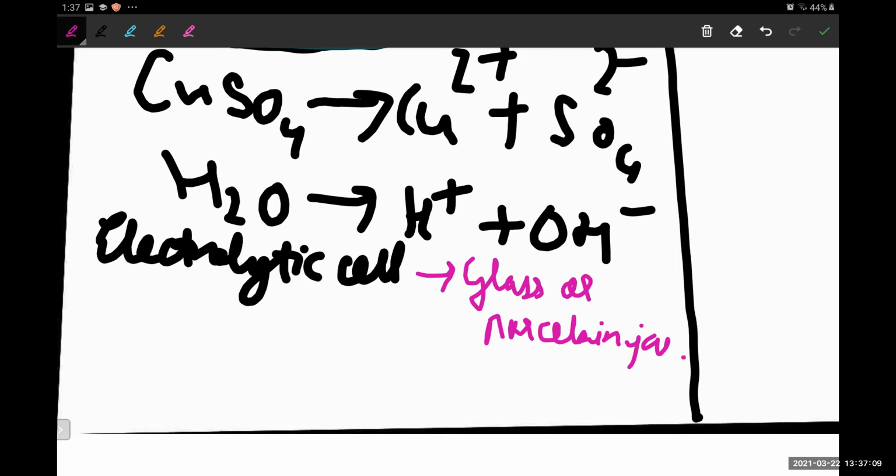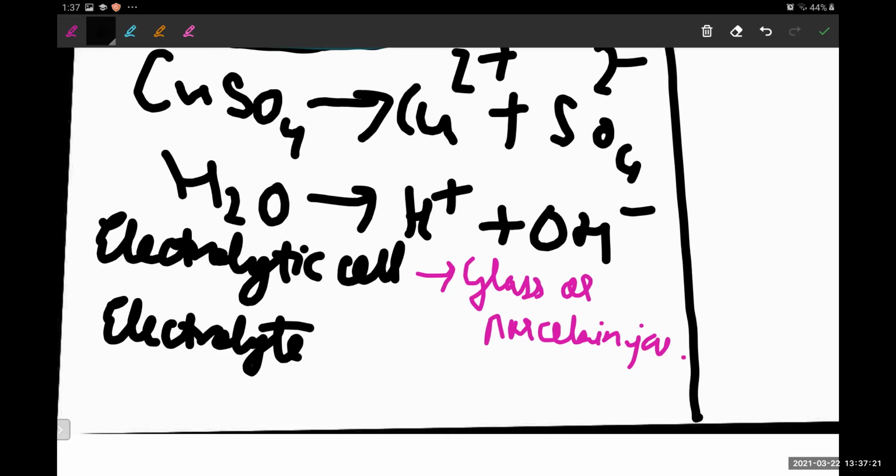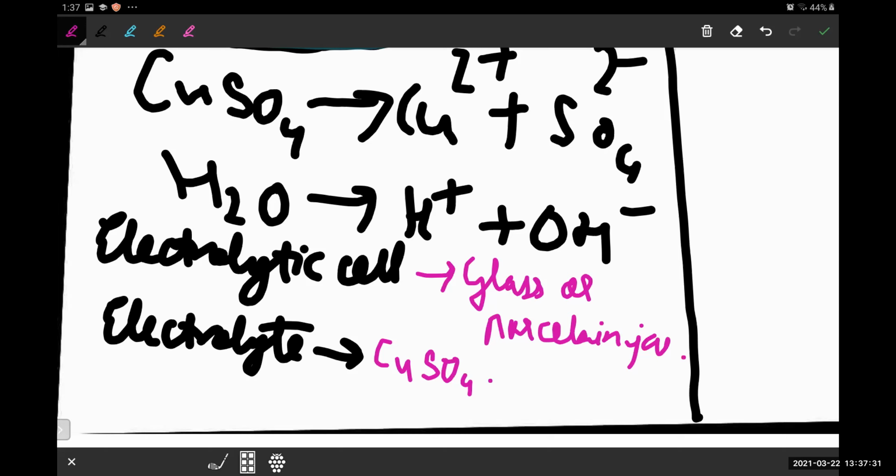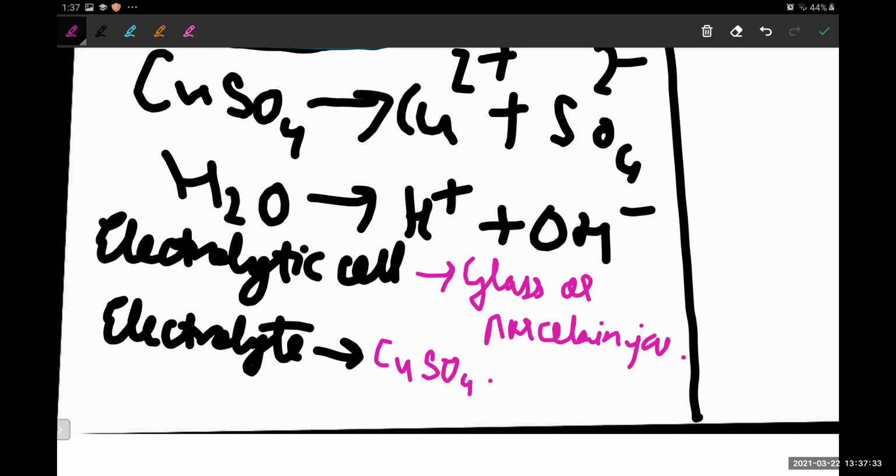Okay, next we'll be using an electrolyte inside that. What we are using as an electrolyte? We are using copper sulfate. Yes, so write down electrolyte: copper sulfate and water. So you can write that copper sulfate in aqueous, like that.